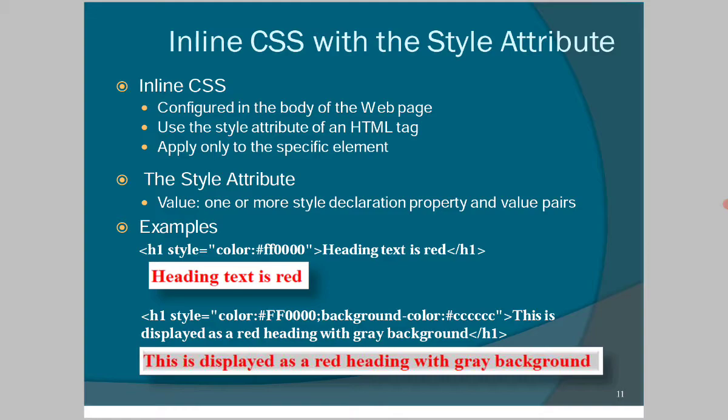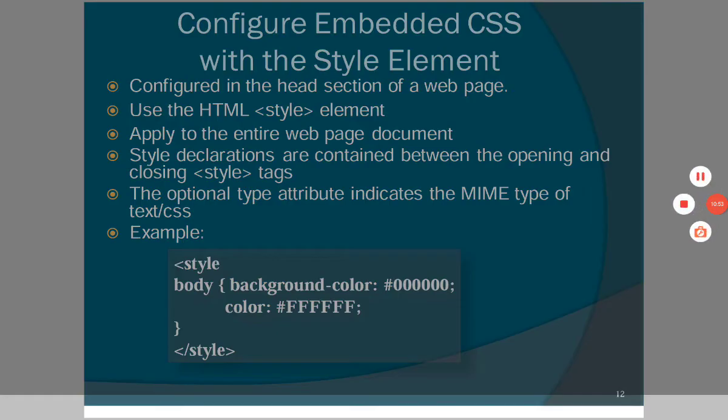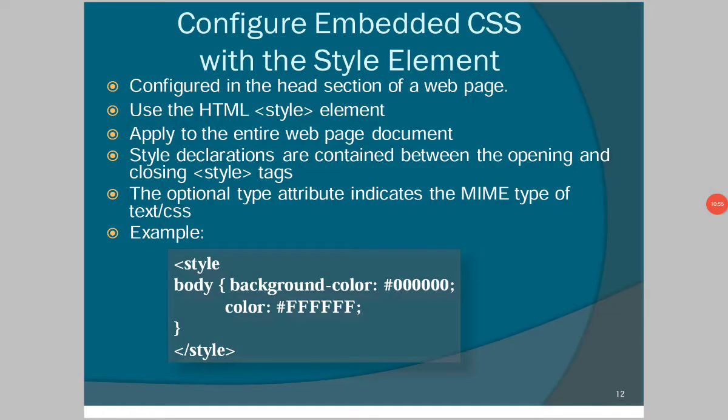They are used with all the HTML tags, and they can be embedded within an HTML tag. So the heading text is now red. Another example is h1 style equals, in quotes, color, like that. This is another example of inline style sheets.